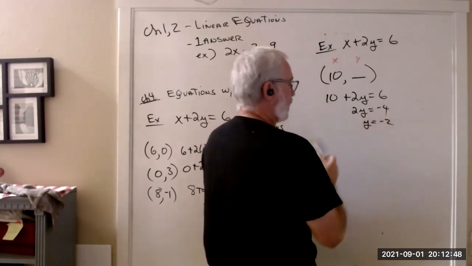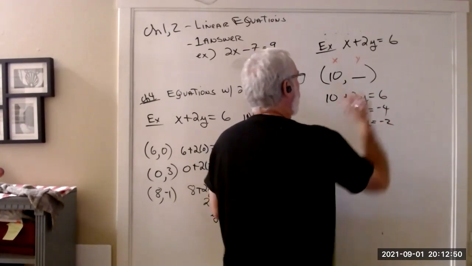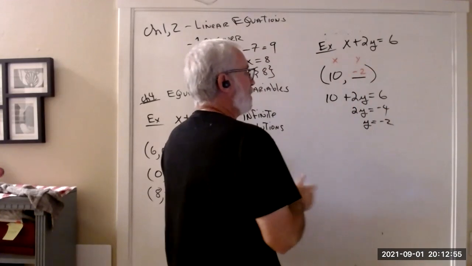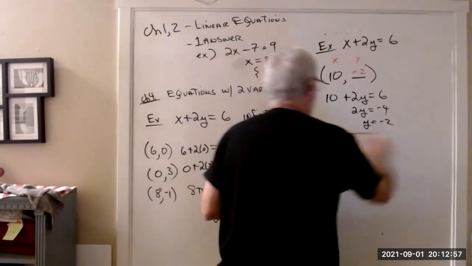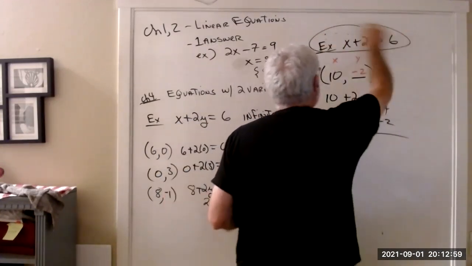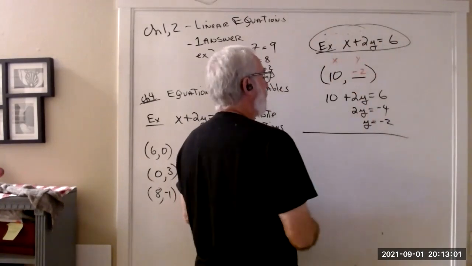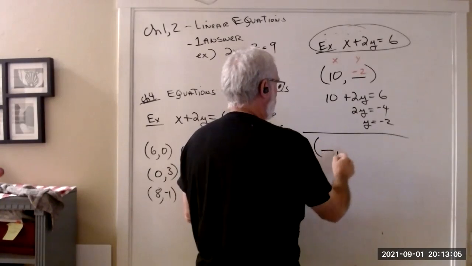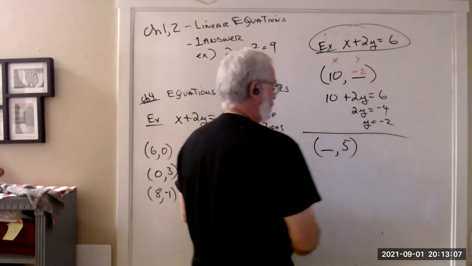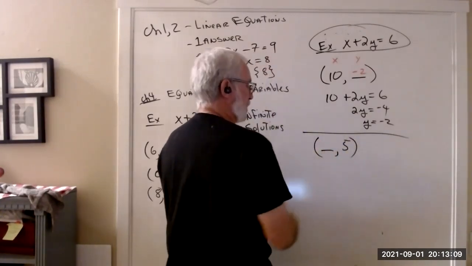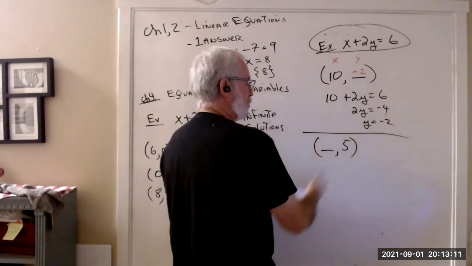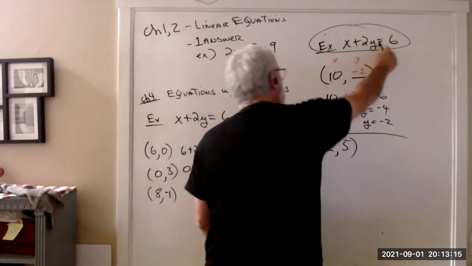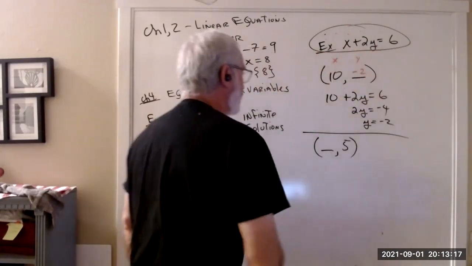Use whatever algebra skills you have to solve that problem. Then mom's going to get weird. She's going to say, for the same equation, what if y was 5? Can you figure out what x is? So go ahead and take a second. If y is 5, using that equation, can you find x?